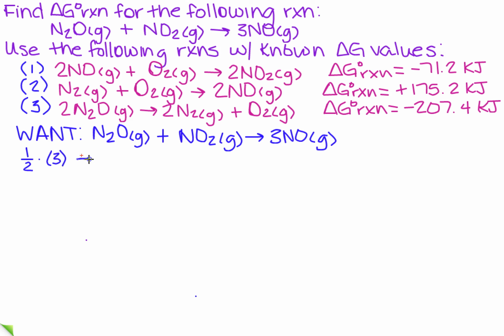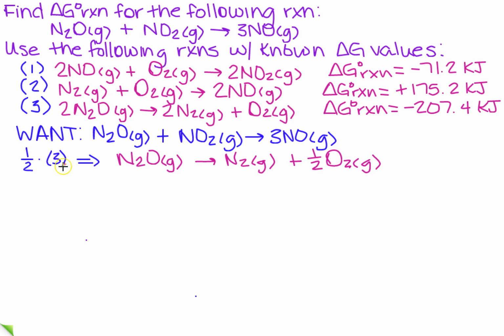And when I do that, now remember we're doing this line up here, so I'm going to do it in another color so you can see it. It's going to give me N2O gas yields, now 2 divided by 2 is 1, so I've got N2 gas, and 1 divided by 2 is 1/2, so plus 1/2 O2 gas.